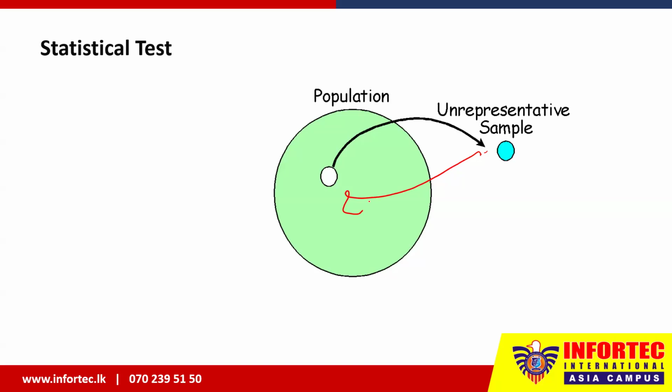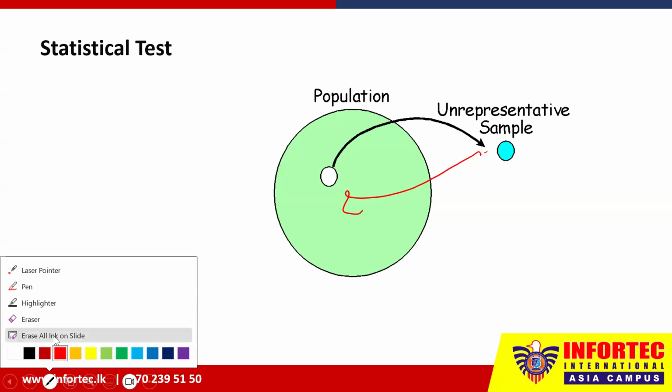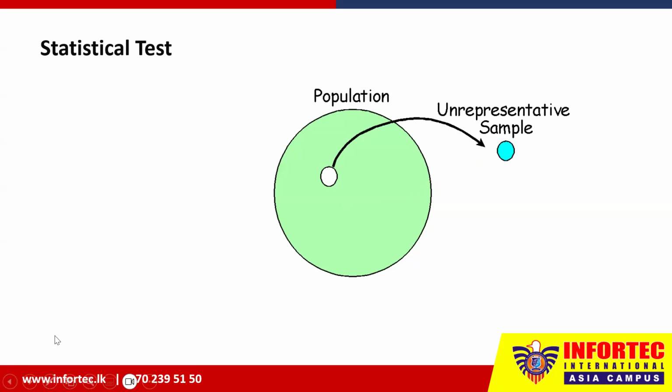Although you take a very representative sample, only using statistical testing can you make very precise conclusions. So hypothesis testing is very important for making precise conclusions regarding your population.